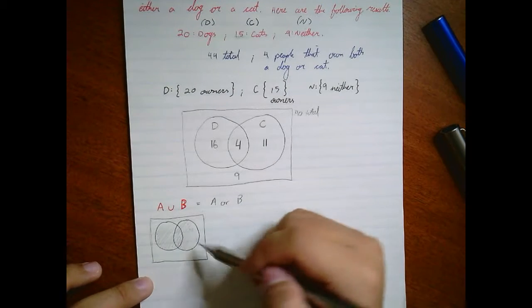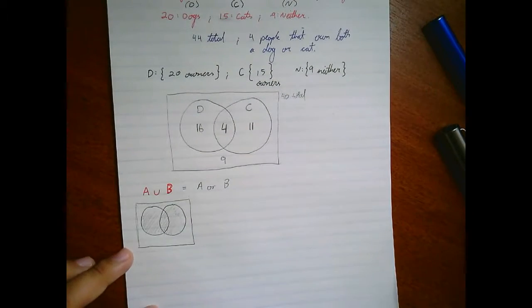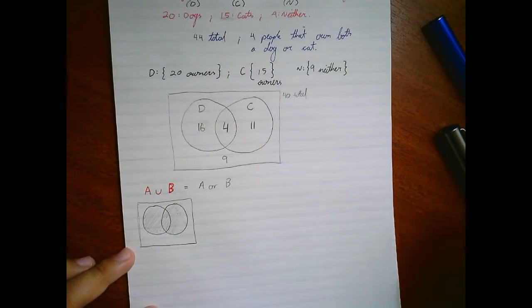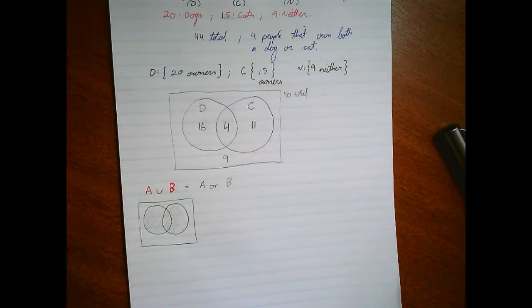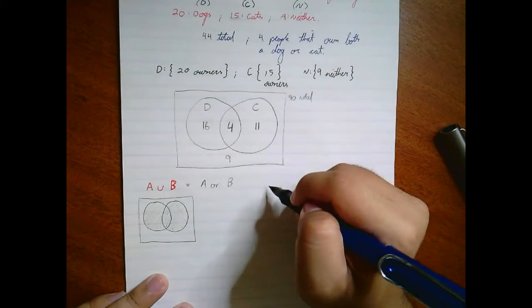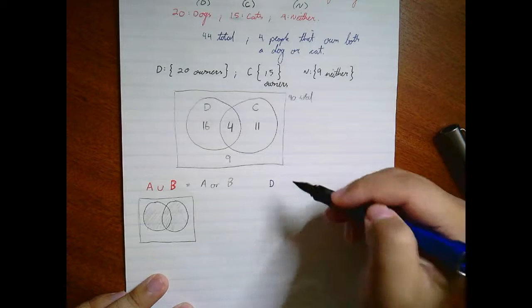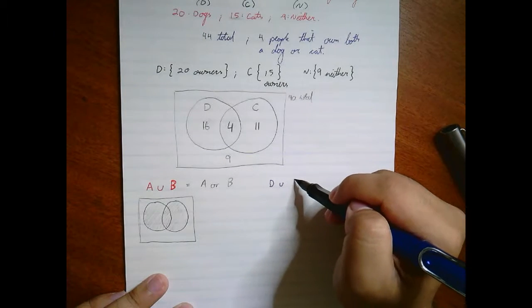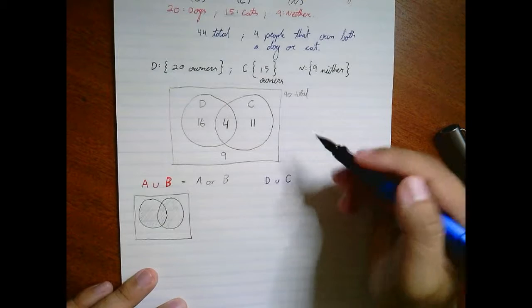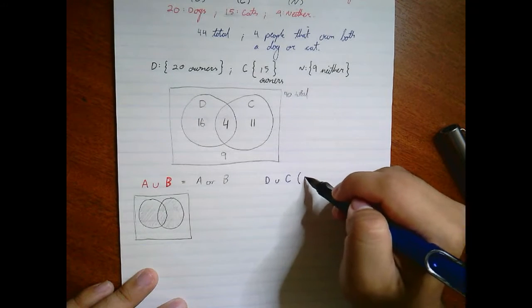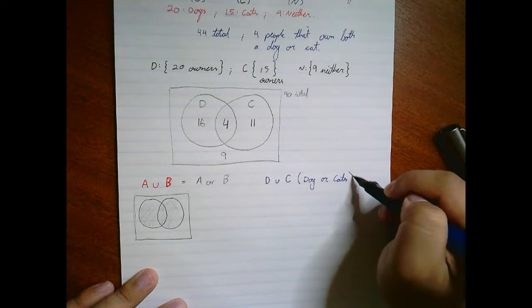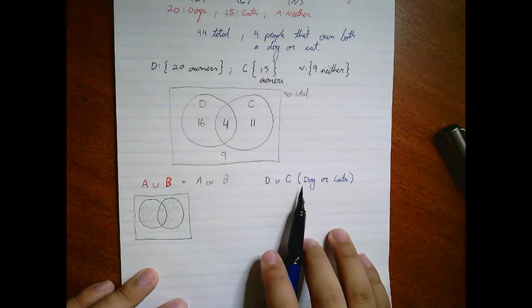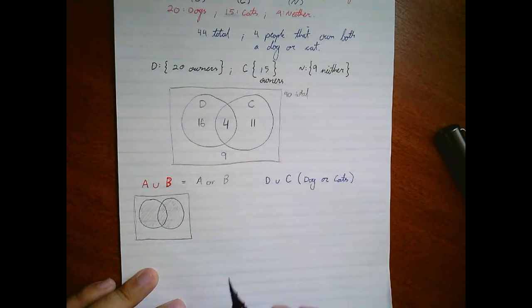It's either or. Now, just to clarify that a little bit, we'll take the dogs and the cats as our example. What would D, the dog owners, union C be? Well, we could rewrite this as dogs or cats. So this group of dog or cat owners, how many will there be?